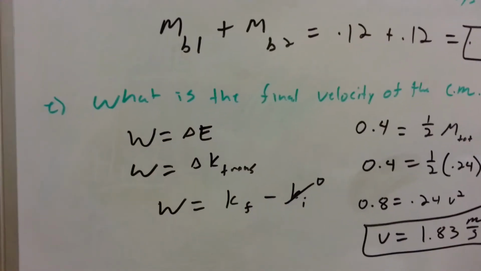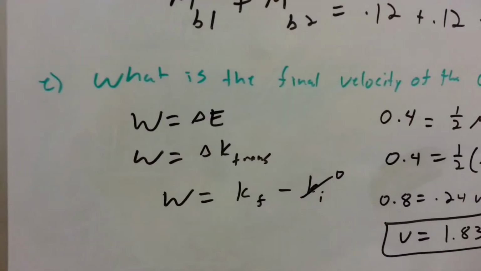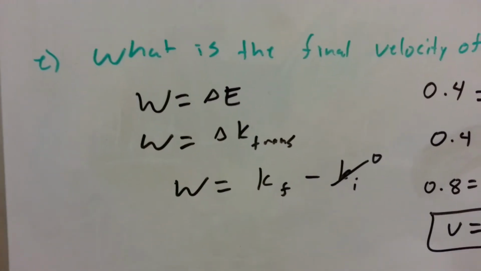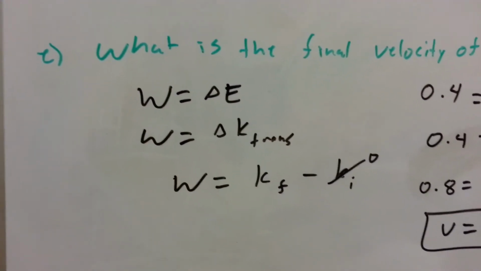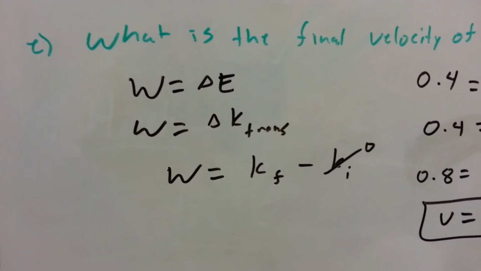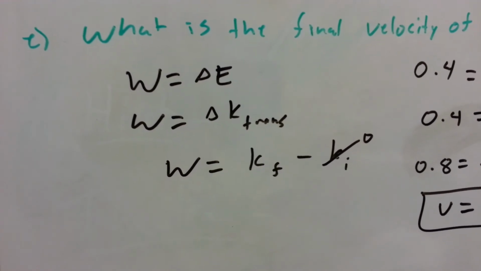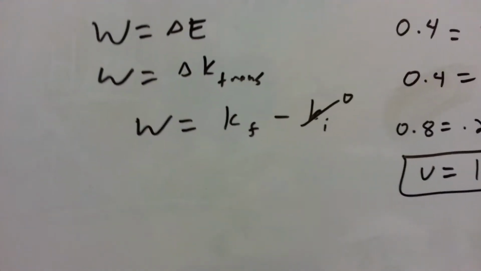Well, we have to start from a fundamental principle again, which is the work energy principle. Work equals the change in energy. Expand that. Work equals the change in translational kinetic energy. And from what I told you before, you only deal with the translational kinetic energy.